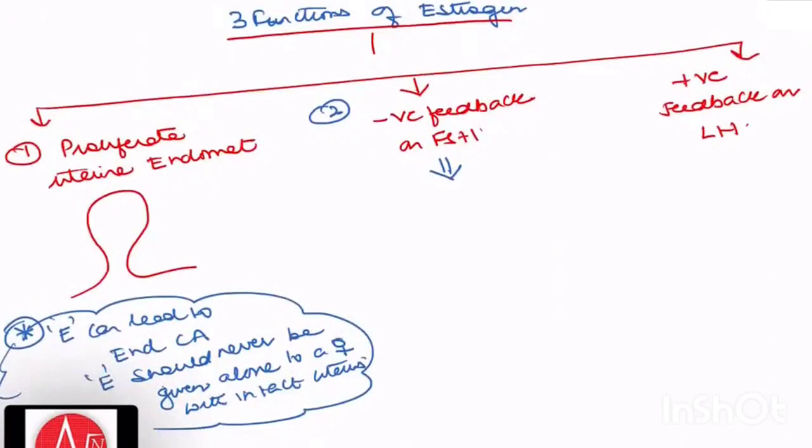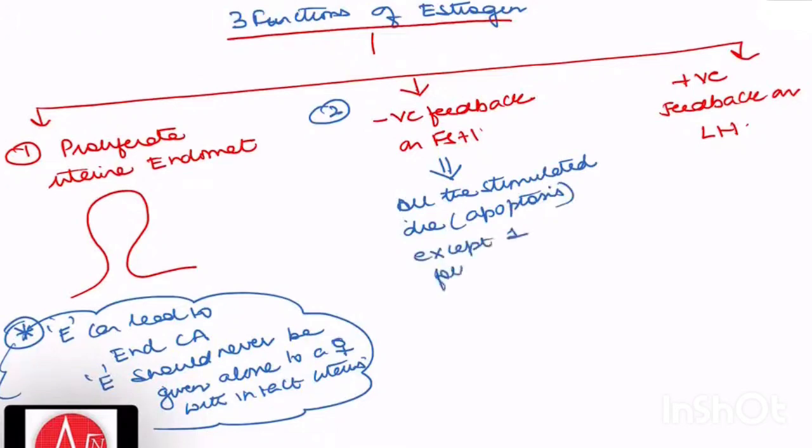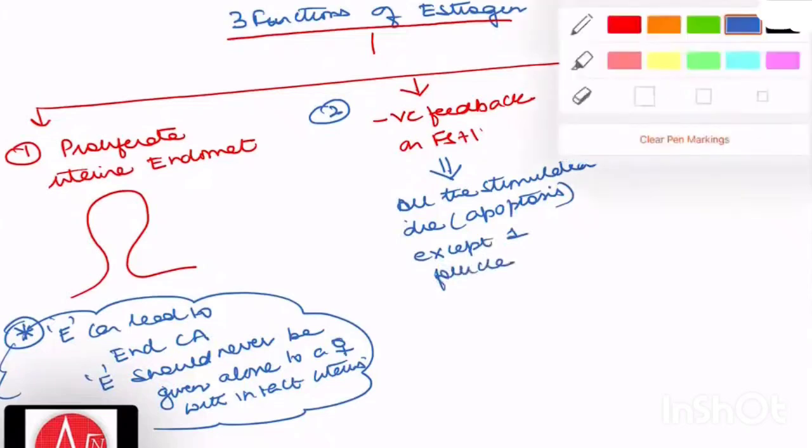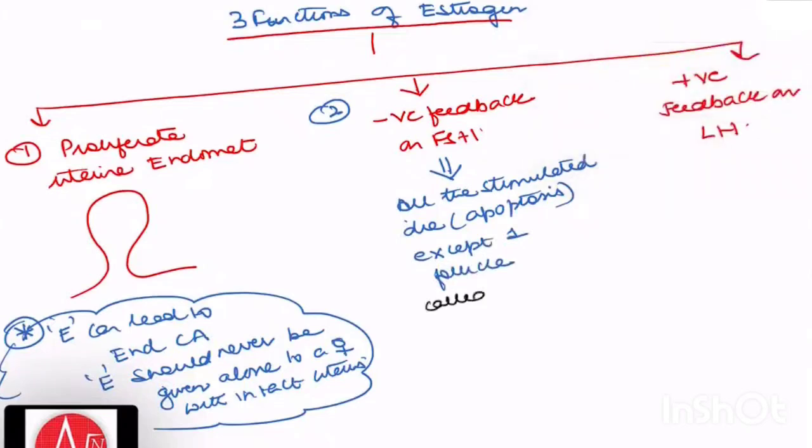Because estrogen is decreasing FSH, all the stimulated follicles die. In other words, they undergo apoptosis. तो सारे stimulated follicles की death हो जाएगी except one follicle, which will be called the dominant follicle.